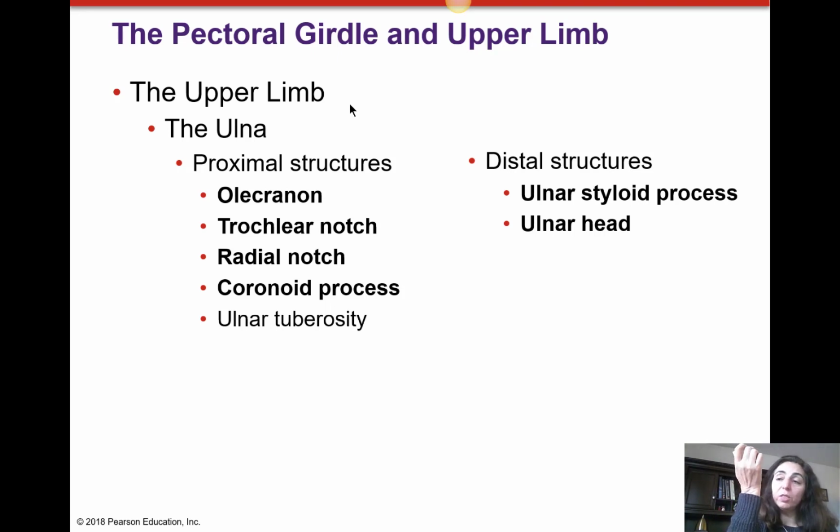This is my thumb on the lateral side, and this is the little finger on the medial side. This styloid process of the ulna can be felt here under the skin, because it is on your little finger side. It's very superficial. That's the one that you can touch here.